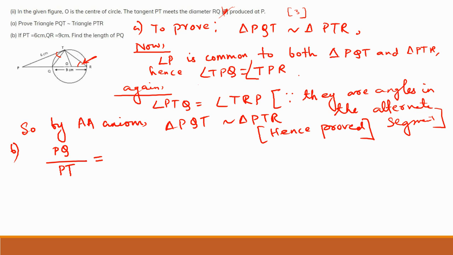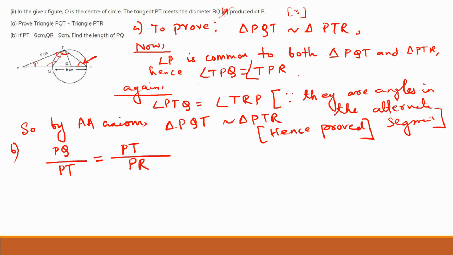so if these two are equal, this is common to both, right? Then angle PQT will also be equal to this angle PTR, right? So the side opposite to angle PQT is PT, and the side opposite to angle PTR is PR.